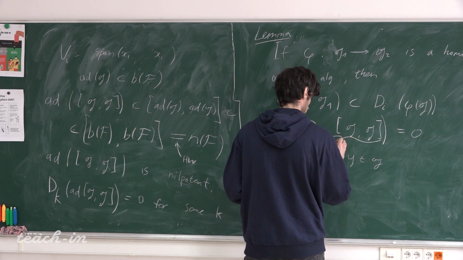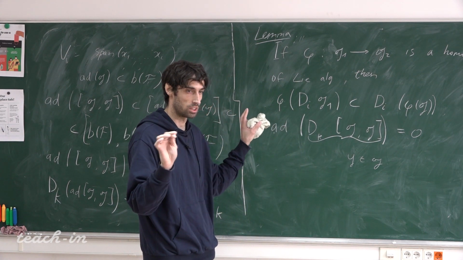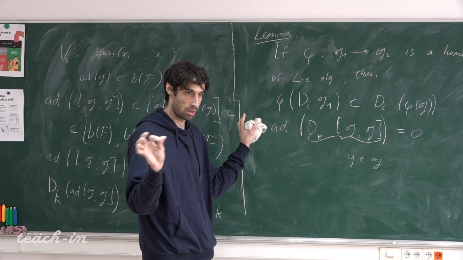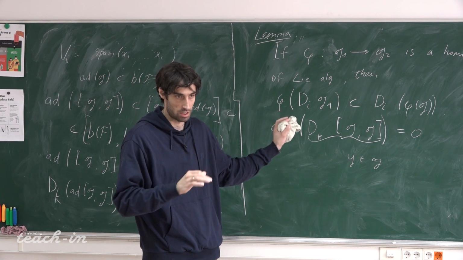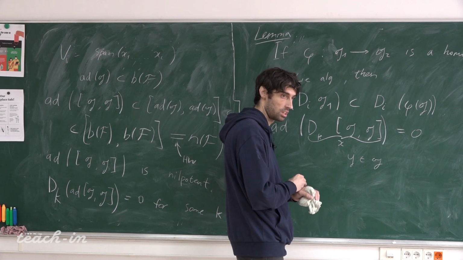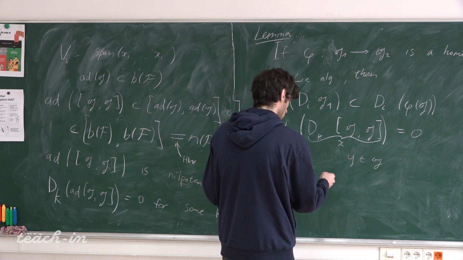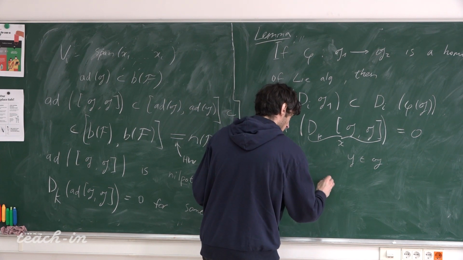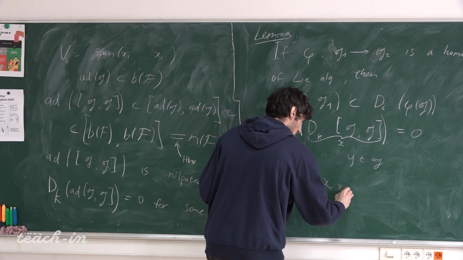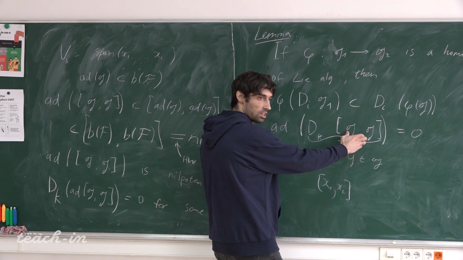We might think only about commutators, not about linear combinations, because everything is linear here. So suppose x is from here. How is x created? I take the commutator of x1 and x2.